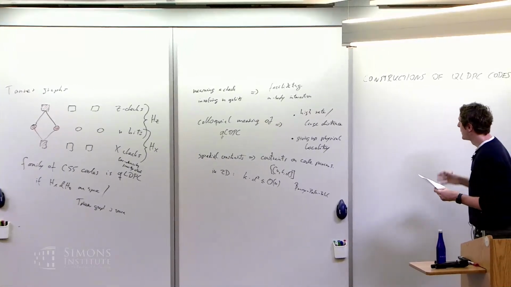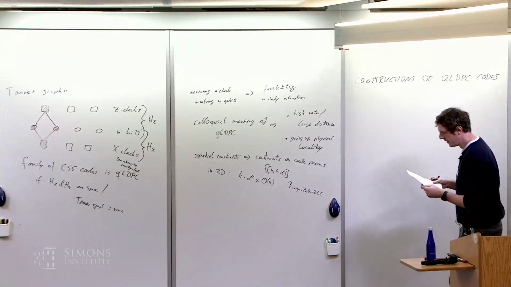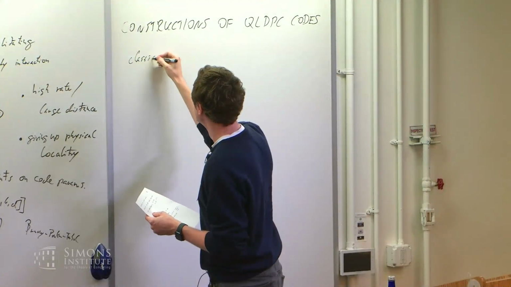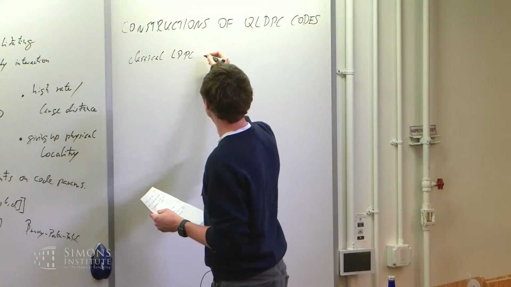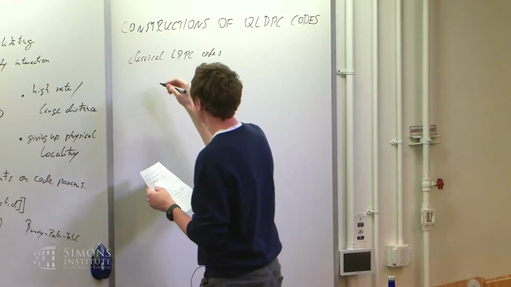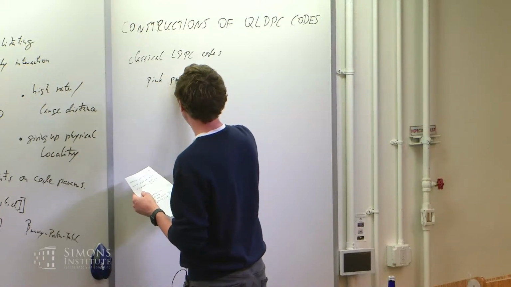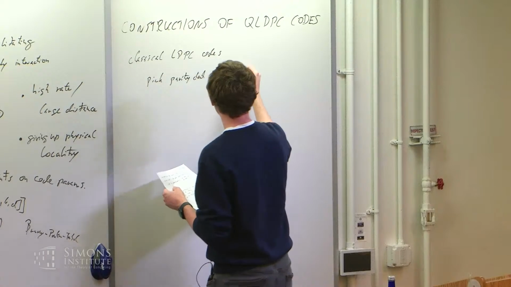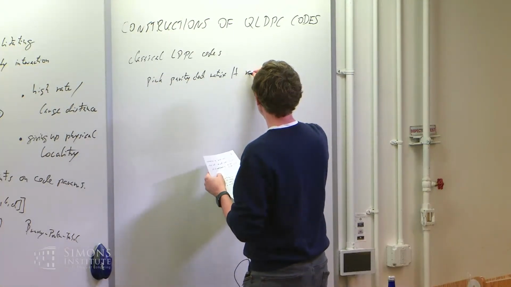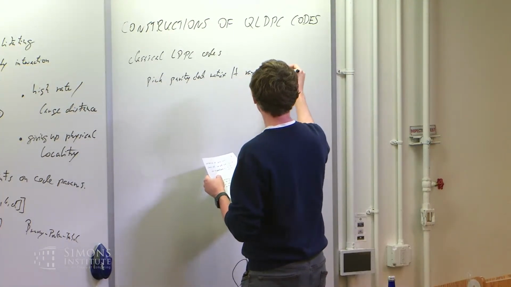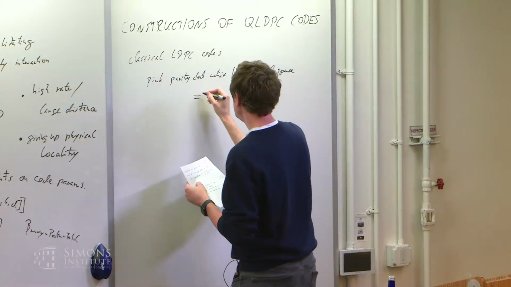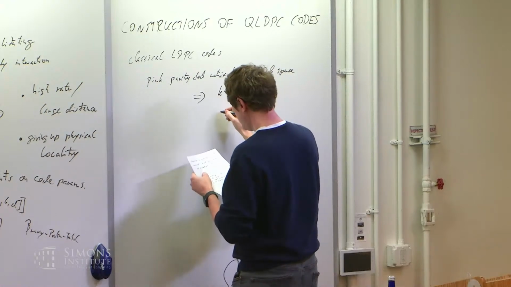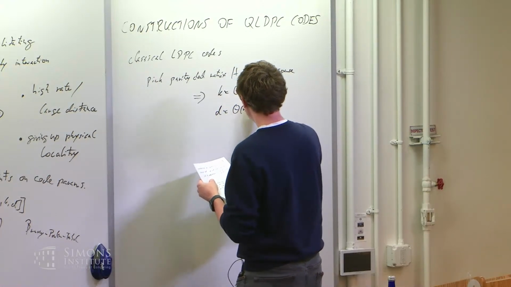In the classical world, we are actually somewhat spoiled, because for classical LDPC codes, we can just pick the parity check matrix H to be random and sparse, and then we are guaranteed that K will be linear in N, and D will be linear in N, with high probability.